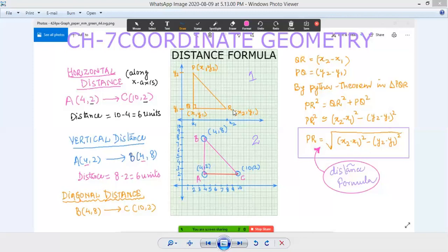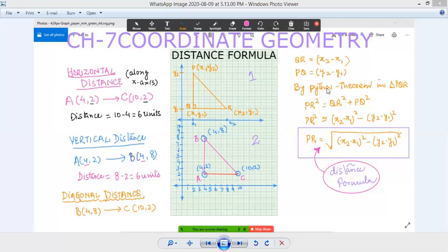And if you want to find out the distance PQ, there you are able to see that x coordinate is not changing, only y coordinate is changing. That means only ordinate is changing. Therefore, the distance PQ will be calculated by y2 minus y1. Now we want to find out PR. So we know perpendicular distance, we know horizontal distance, base distance.